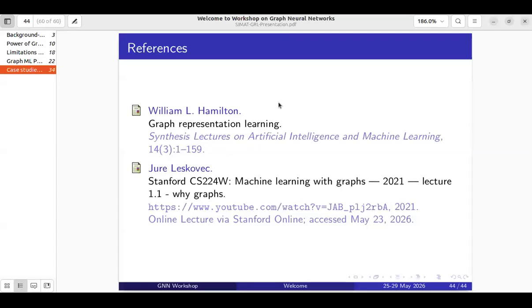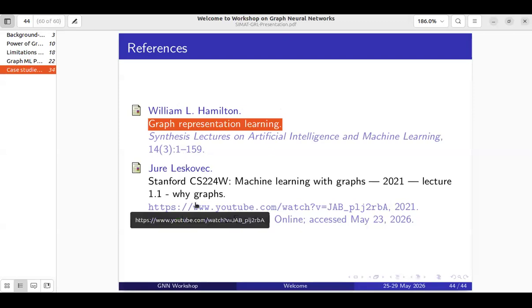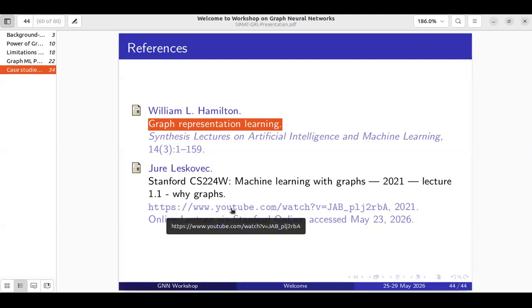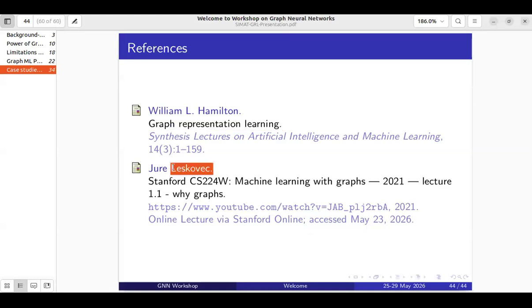Some of the resources that could be used are these two things. For getting the foundation, you can use the textbook Graph Representation Learning by William Hamilton, or there is an online course from Stanford University by Jure Leskovec, who is an author of many of the GNN models, like GCN, GAT, and many other models authored by their team from Stanford.